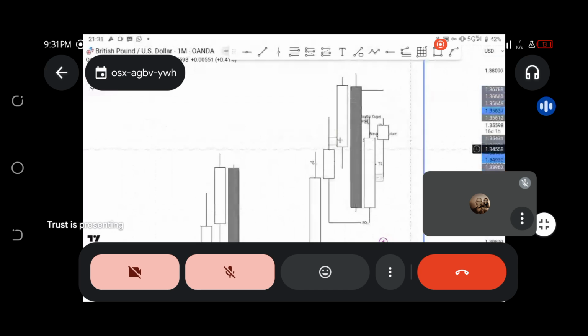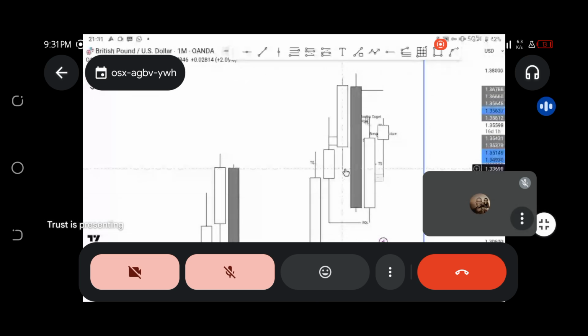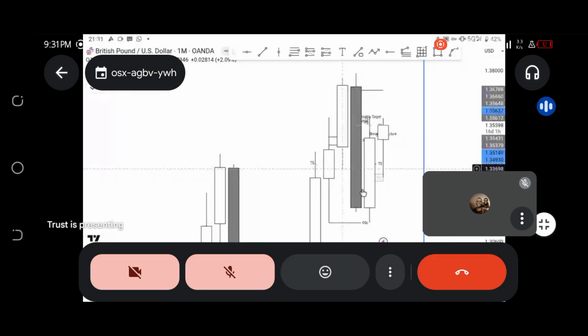It traded out of the range, but then snapped back again and then took out the range, so it did the job.